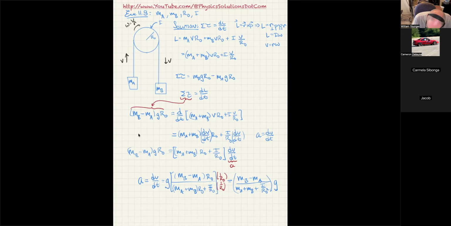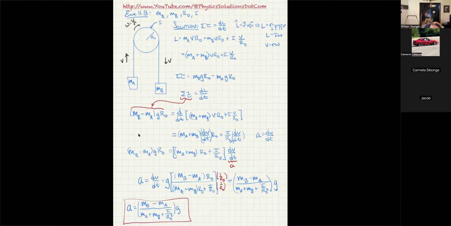And in fact, our answer is A is equal to MB minus MA over MA plus MB plus I over R0 squared, all of that times G. And that is our acceleration.